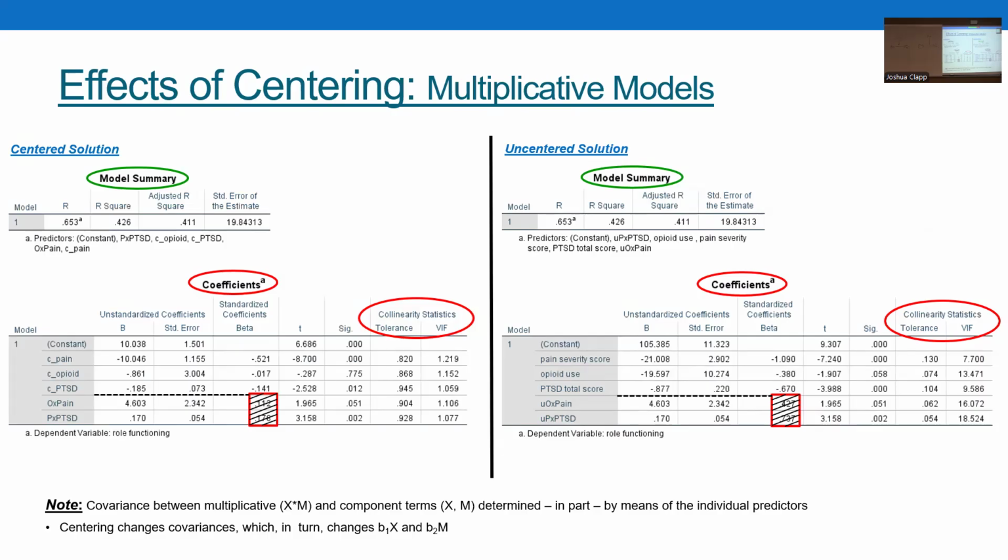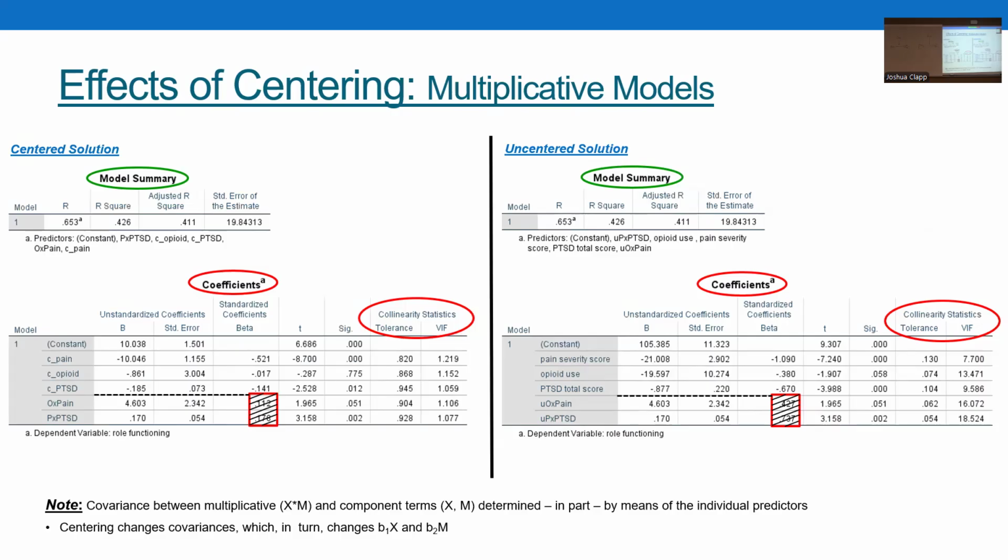But over here, we're seeing the expected effect of pain on functioning, controlling for opiate use, with PTSD held constant at the mean. Because we've got these interactions, this is the conditional effect, right? Here in the uncentered solution, this is the conditional effect of pain for people without PTSD who aren't using opiates. Here, this is the conditional effect of pain for people at average levels of PTSD controlling for opiate use.